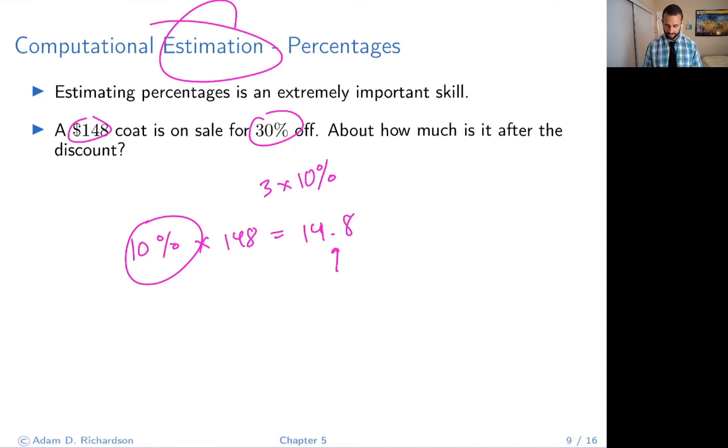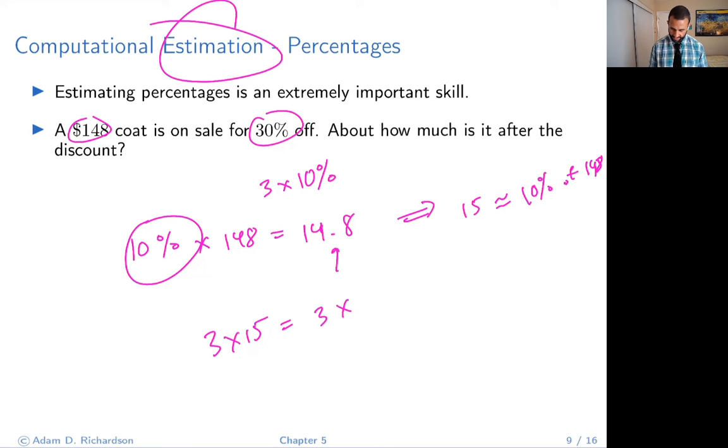So 10% is 14.8, but that means that 15 is approximately 10% of 148. So 3 times 15 is 3 times 10% of 148, which is 30% of 148.